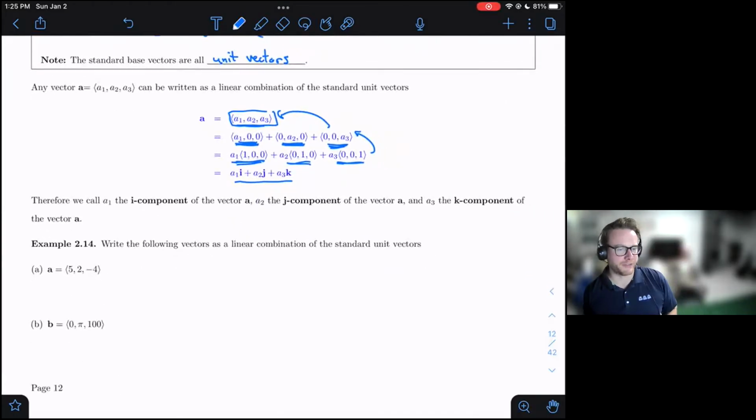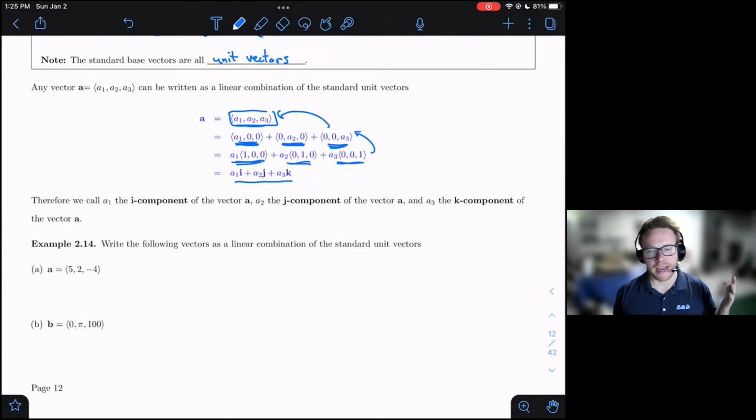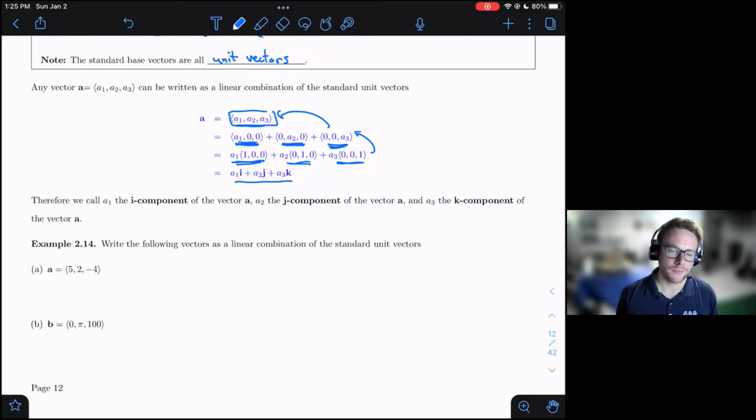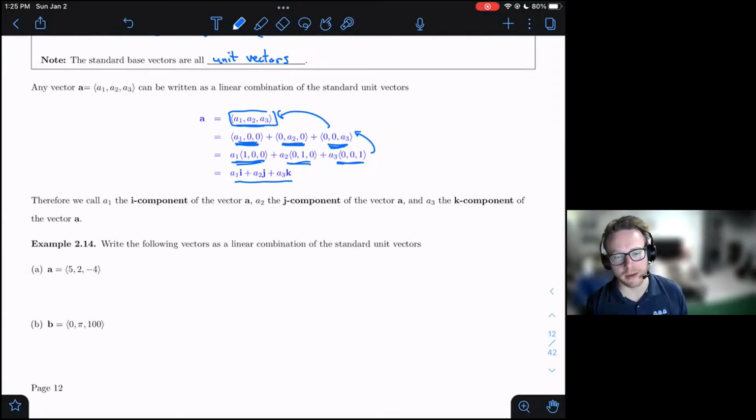Oh yeah, and there's a little bit of definition there. You can say it's the ith component, the jth component, and the kth component, rather than saying the first, the second, and the third. Sometimes we also said the x coordinate, the y coordinate, the z coordinate, or you could use x component, y component, z component.